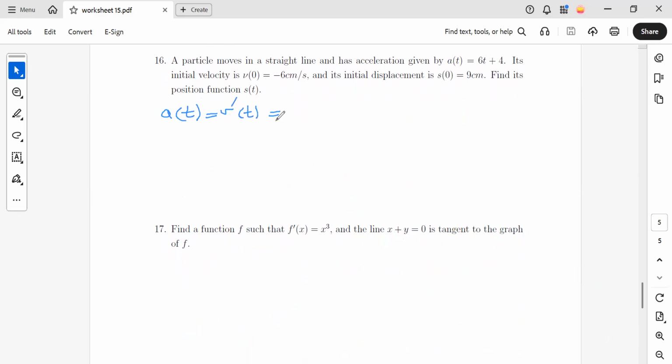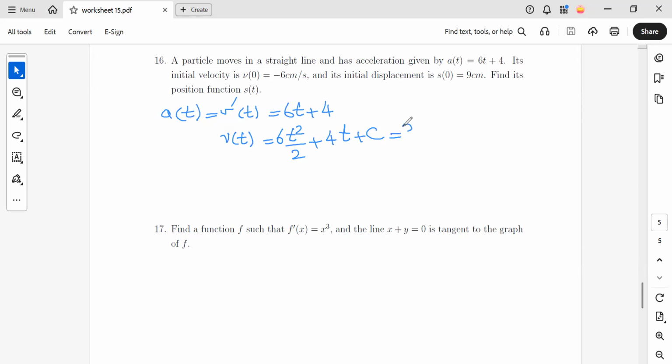So based on the question, acceleration is 6t plus 4, and we're going to find speed, which is the antiderivative of 6t plus 4, which will be 6 times t squared over 2 plus 4t plus a constant like c.